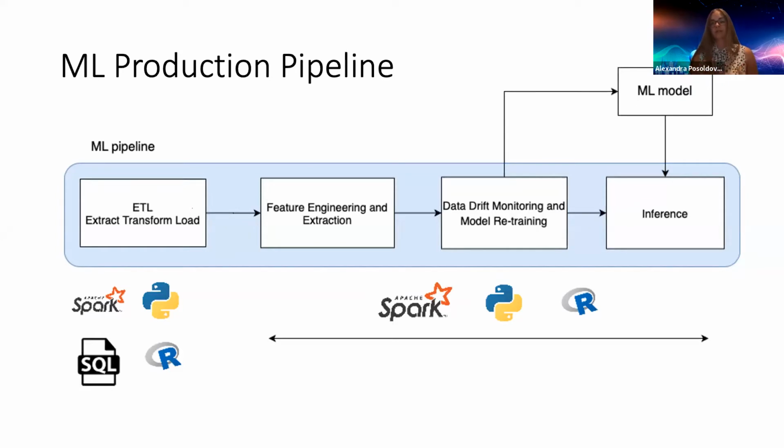And if the data drift or model drift is detected, then you want to retrain your model, store it as a new version alongside with the model artifacts, and then perform the inference. And again, the three most commonly used runtimes are Spark, Python, and R.